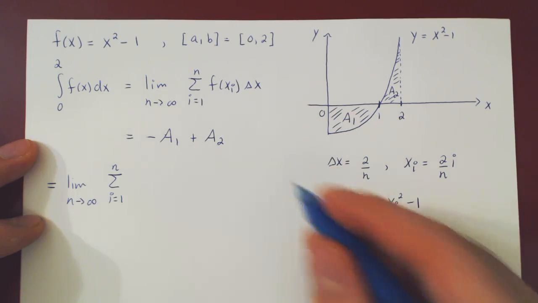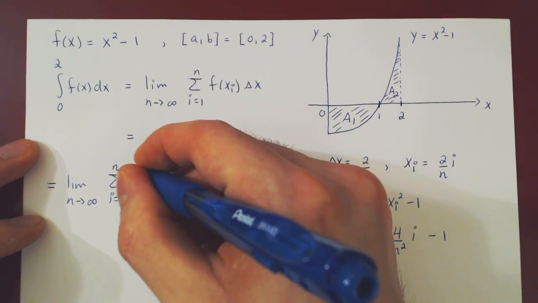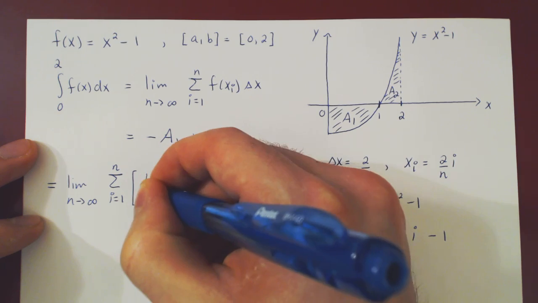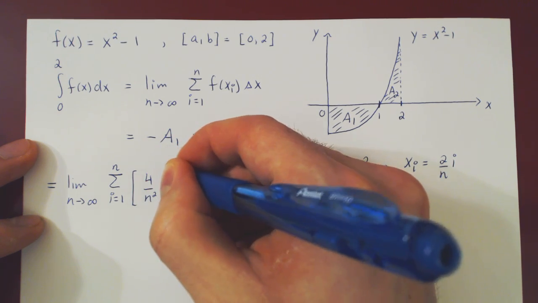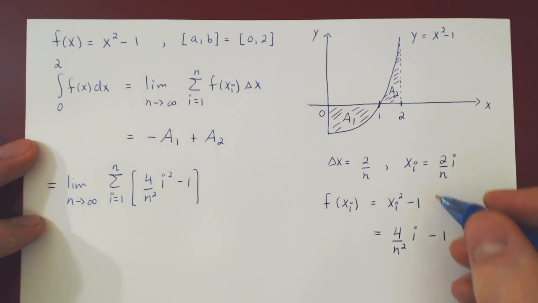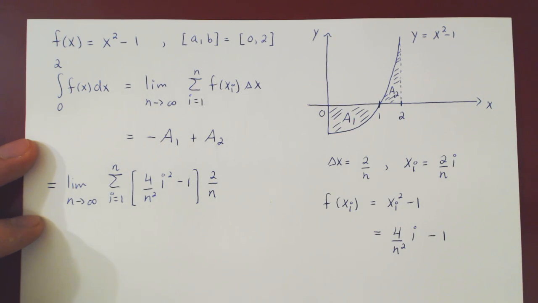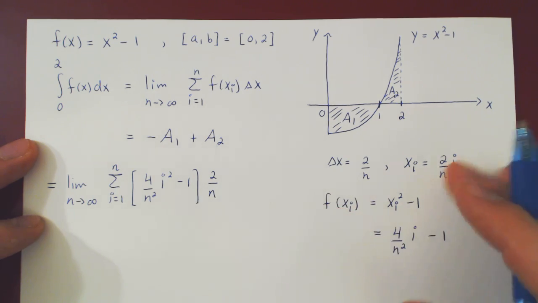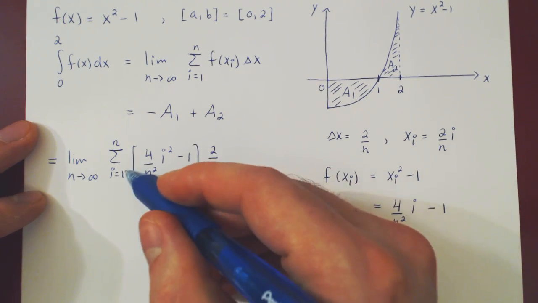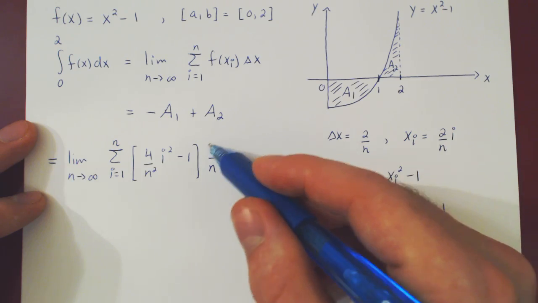So we replace f of xi times delta x, 2 over n. And now we know how to proceed, right? So step 1, we're summing with respect to i, so 2 over n is fixed.